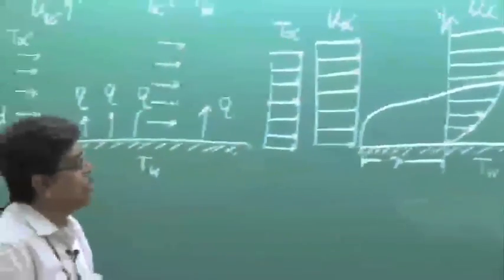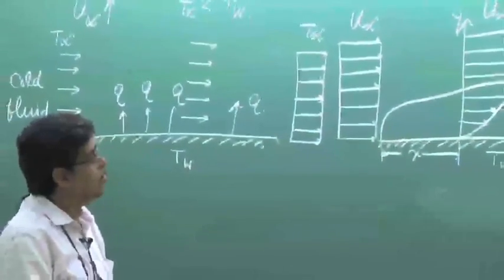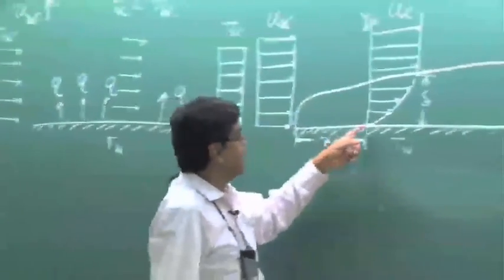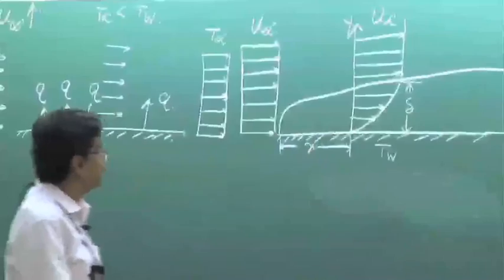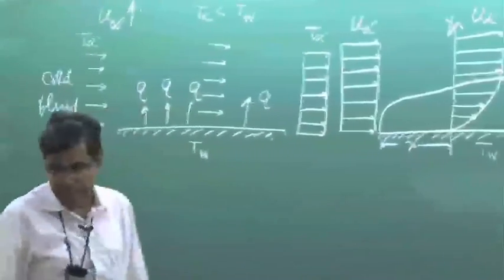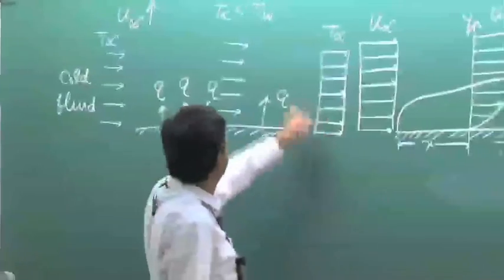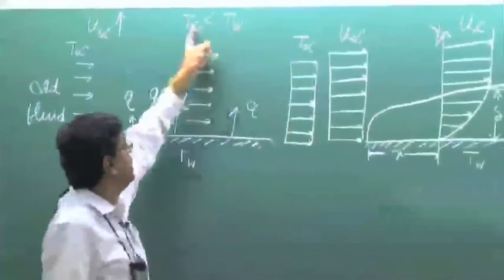This is known as the hydrodynamic boundary layer because of the momentum transport and the interaction between the solid surface and the fluid. Similar is the case for heat transfer due to the temperature TW, which is different from T infinity.